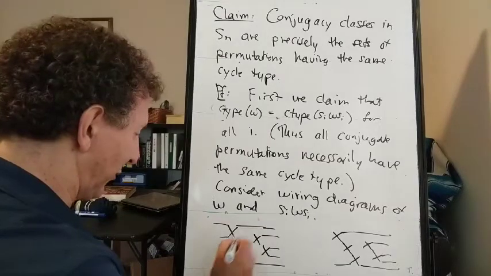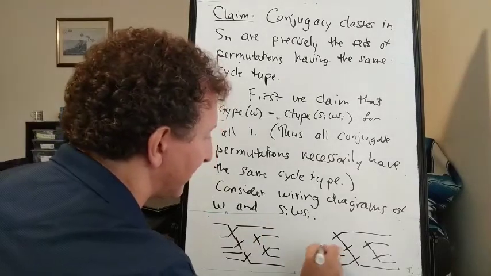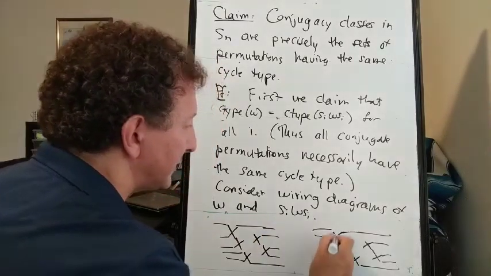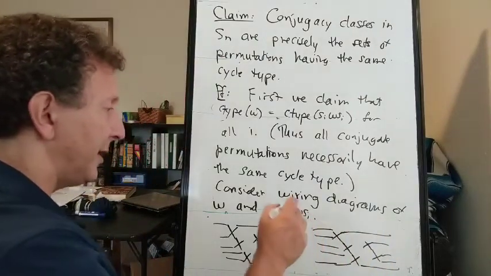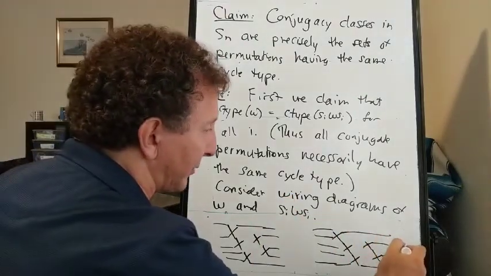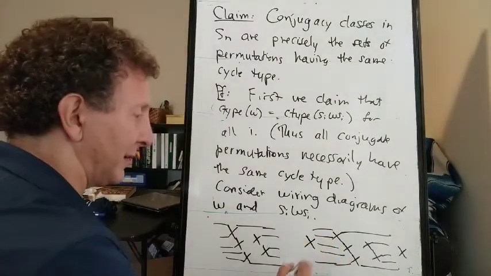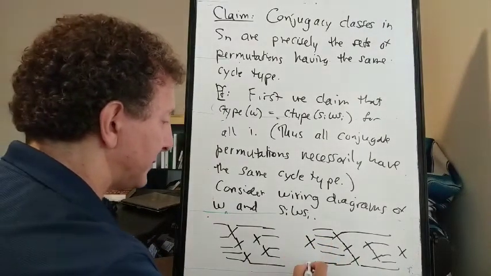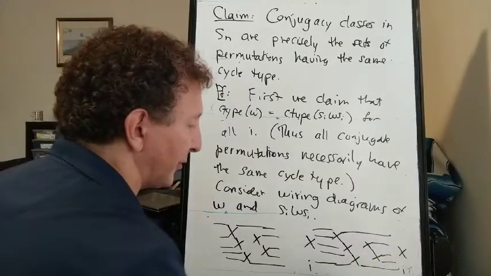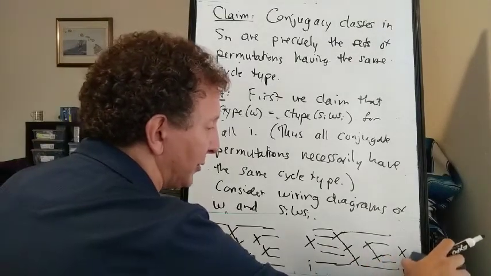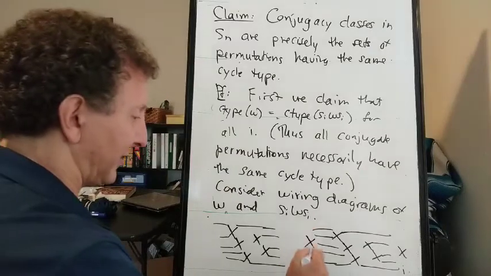So there should be the same number of wires on both sides. But we need the X in position between i and i plus 1 on the left and on the right for s_i w s_i. So we've got these extra X's here.